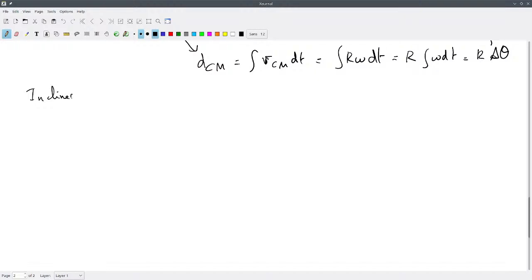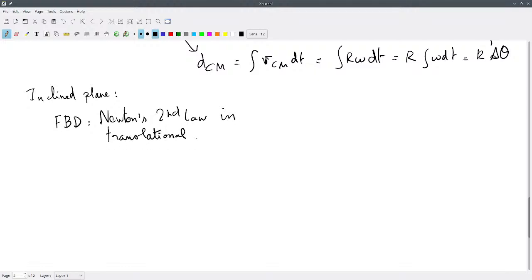So, inclined plane. We have our free body diagram and Newton's second law in translational coordinates. That's going to be in the x and the y direction.